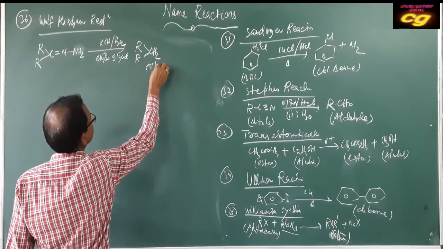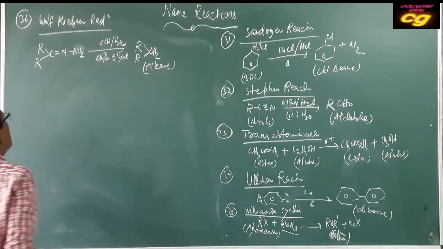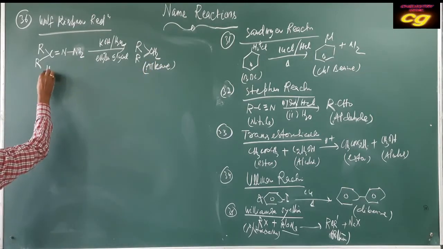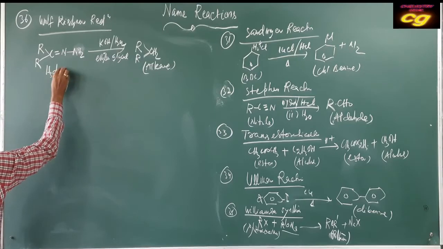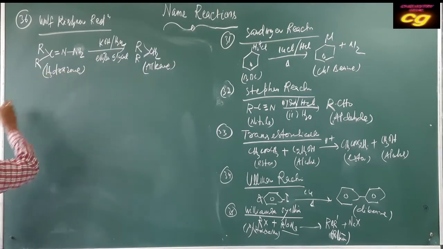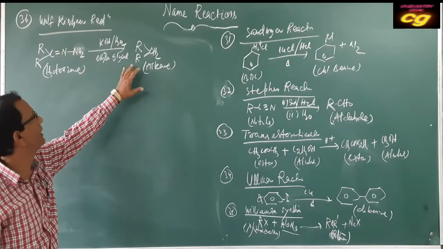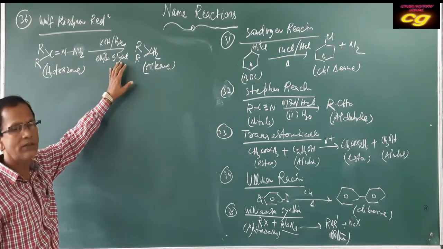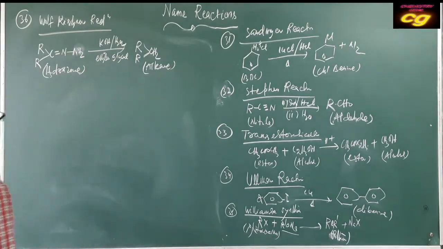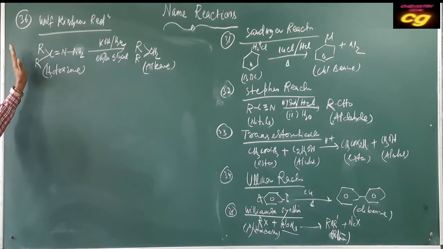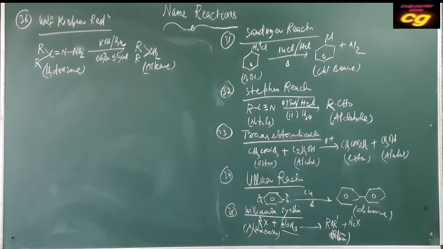This is alkane. This is your hydrazone. Hydrazone converts to alkane with KOH and ethylene glycol. This is called Wolff-Kishner reaction, conversion of hydrazone to alkane. But you can prepare it directly from aldehyde or ketone. You can take aldehyde or ketone, convert it into hydrazone, then treat with KOH and ethylene glycol.